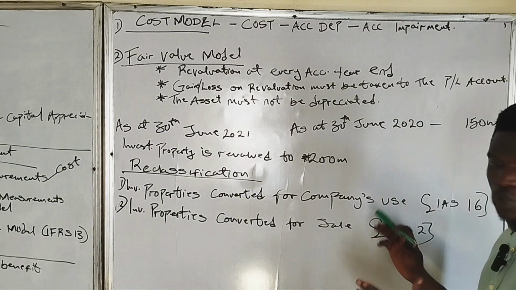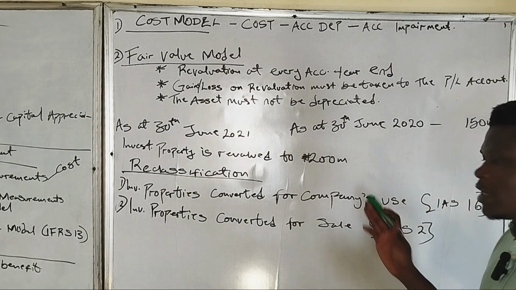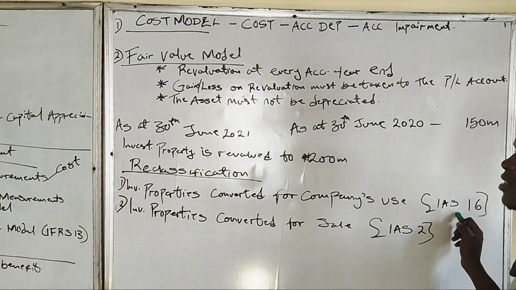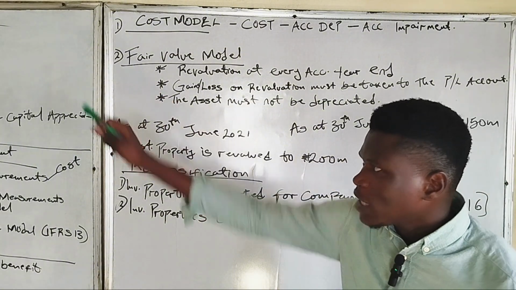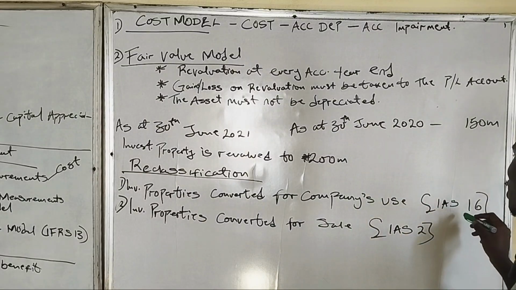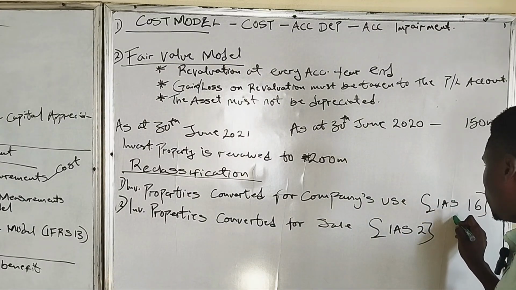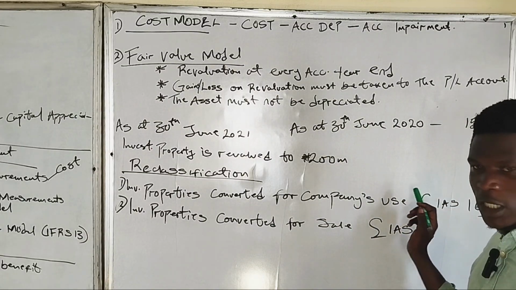We'll still look at IAS 2, talking about the measurement and the likes of such. We've talked about IAS 16 and everything it contains. So we should no longer record this under IAS 40, but should now regard it as an IAS 16 item, which is property, plant, and equipment.